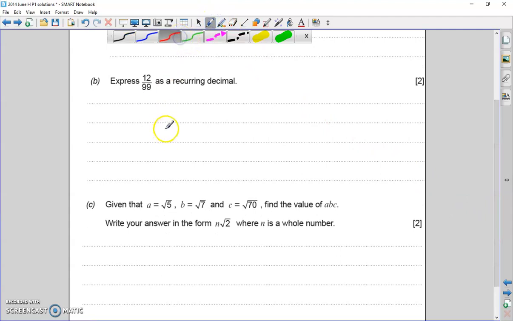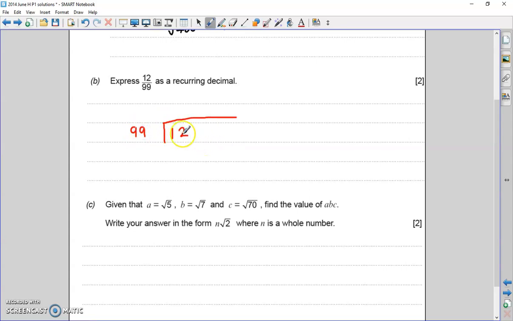And then we've got 12 over 99, so clear decimal. The only way to do this is to do some long division. It's 12 on the inside divided by 99 on the outside. 99 won't go into 1. 99 won't go into 12. So you have to put a 0.0 on the end and keep going. Now 99 does go into 120.